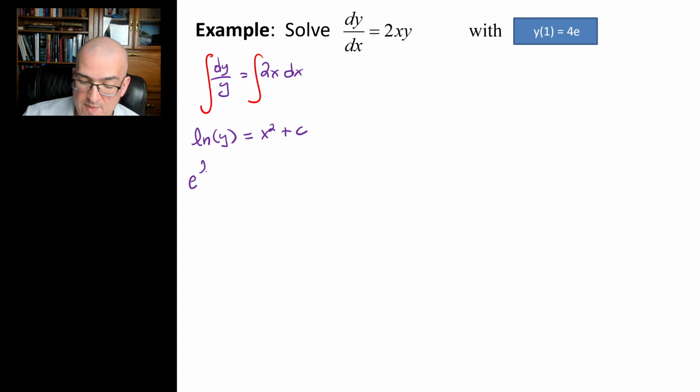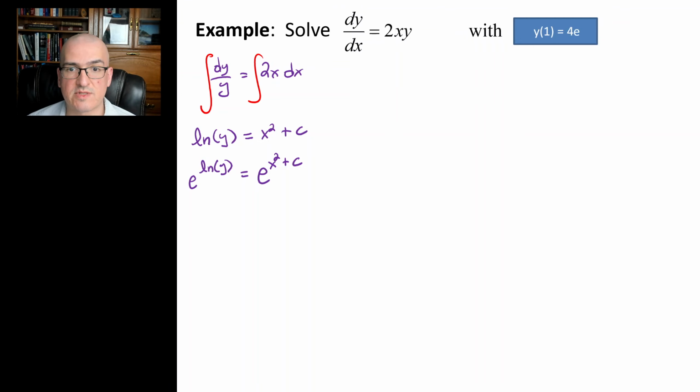So to get y all by itself, we have to exponentiate both sides. E to the ln y is equal to e to the x squared plus c, and make sure the plus c is up there with the x squared. It's not e to the x squared plus e to the c. It's got to be all in one power. Then in the next line, I'm going to use b to the m plus n is b to the m times b to the n.